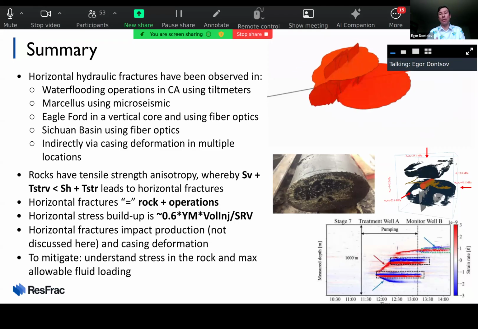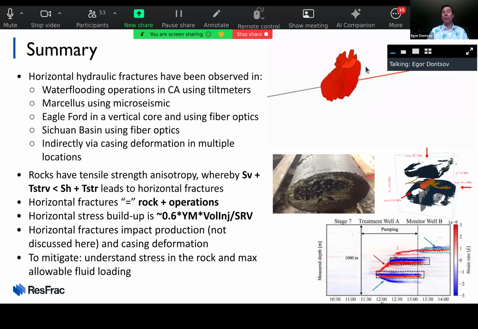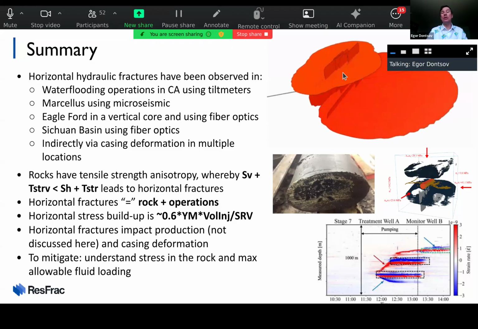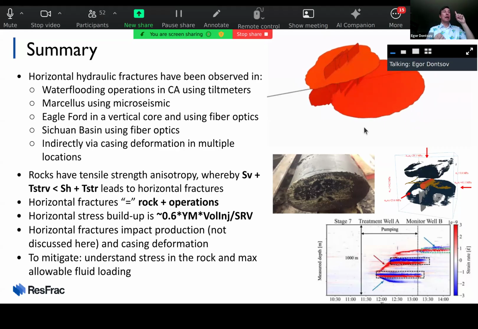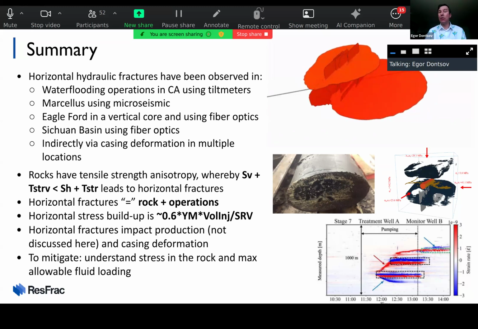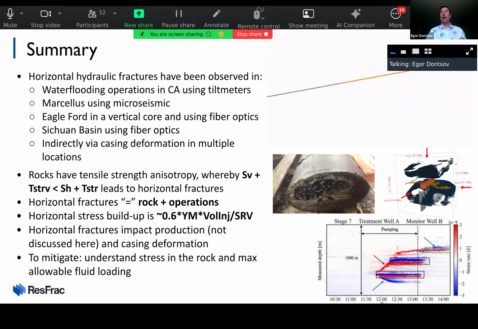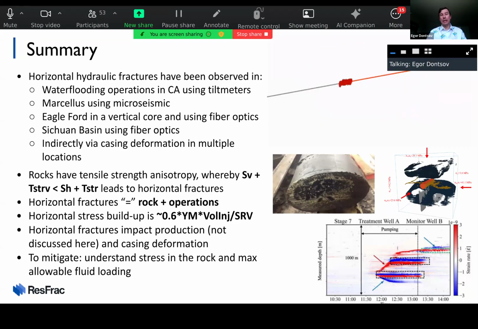It has to be nearly isotropic, and toughness determines how easy it is for a horizontal fracture to propagate. So basically, the final size. The tensile strength is initiation. Stress is your general propagation, or fluid balance between vertical and horizontal. And fracture toughness is going to be the actual size of the horizontal fracture. So the lower the toughness, the larger the size.